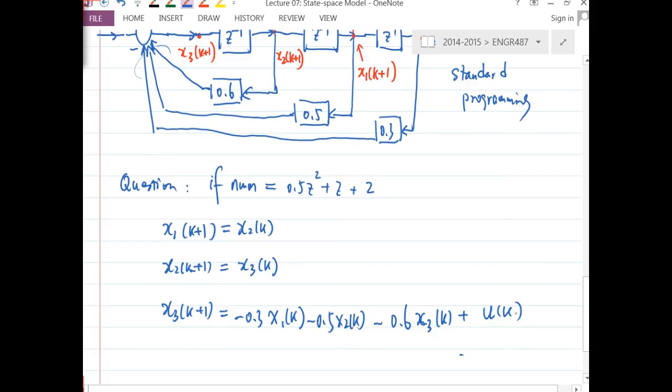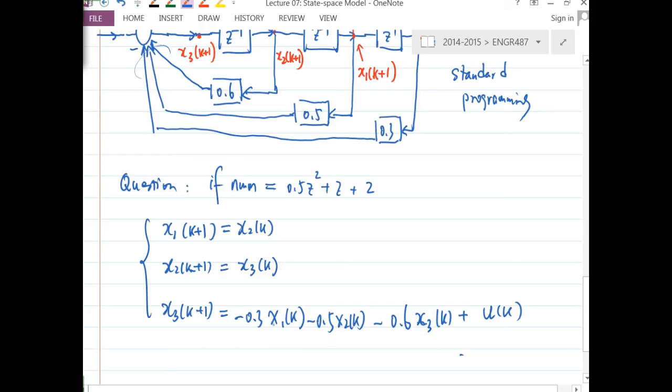So these are the three state equations relating k plus 1 to k.